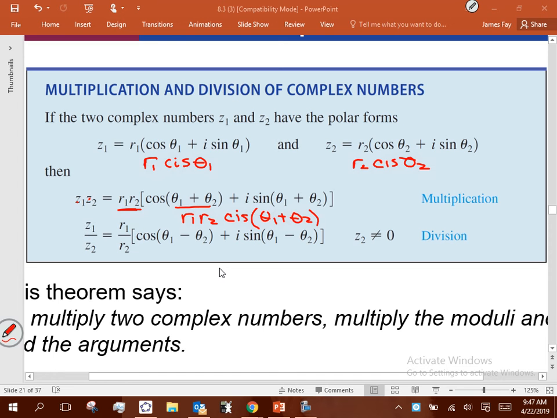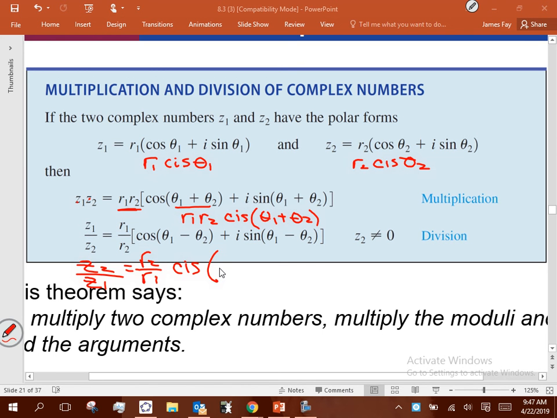Now, dividing them is the same idea, but instead of multiplying the radiuses, we divide them. And instead of adding the arguments, we subtract them. Now, here's what's important: I have to pay attention to the order that we divide. If I want z2 over z1, that's going to be r2 over r1, and then it'll be cis.